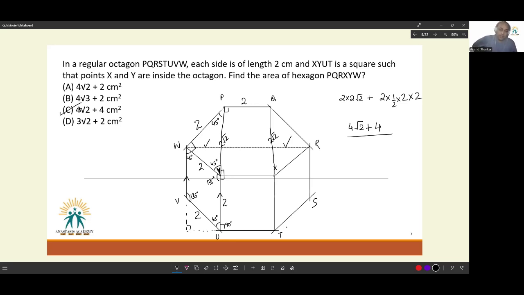What this question demands of us is the ability to draw a diagram, then look at the angles and then work it around. Of course, there will be those of us who remember the formula for the area of an octagon, and then perhaps you can go ahead and get the area of this square, get the area of this parallelogram also. Area of this parallelogram is also easy enough to do. If this is 2, this is 2, this is 45.